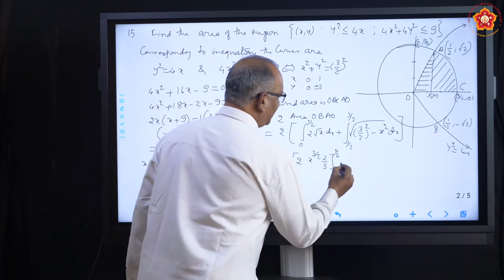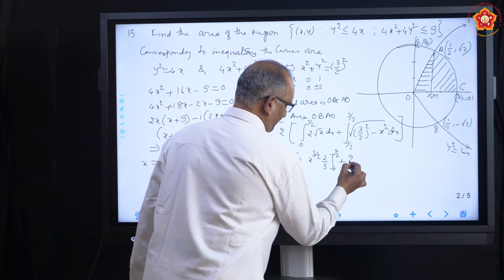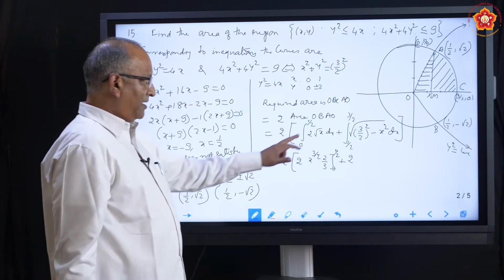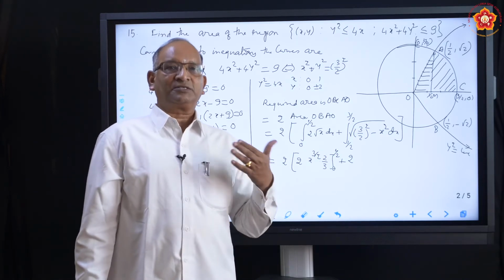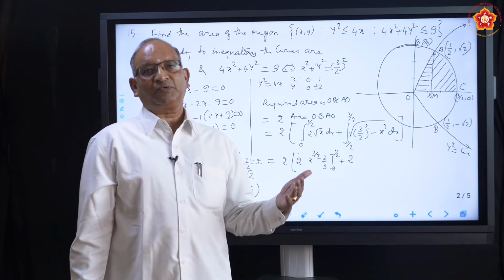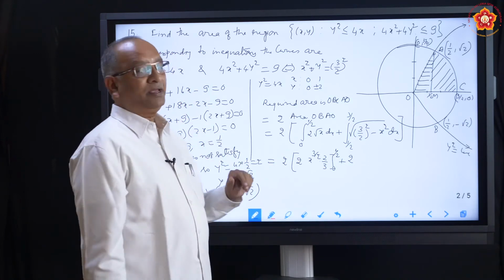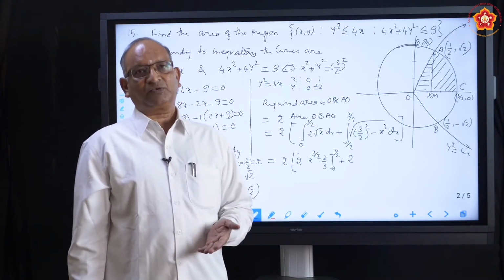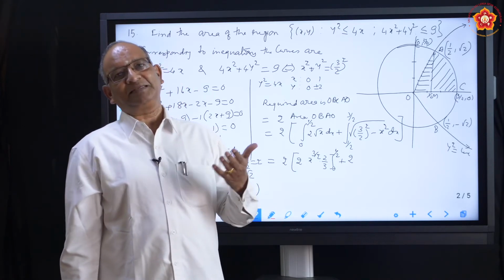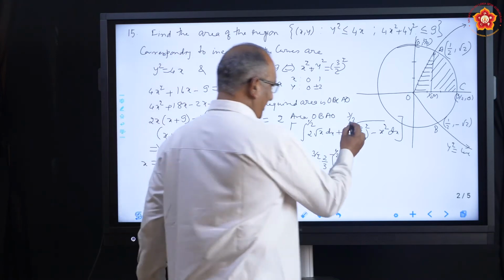Similarly, plus this 2 will multiply with this also. And now apply that standard formula. What is the standard formula? Integral of under root of a square minus x square is equal to x by 2 under root of a square minus x square plus a square by 2 sine inverse x by a. So use that formula here.